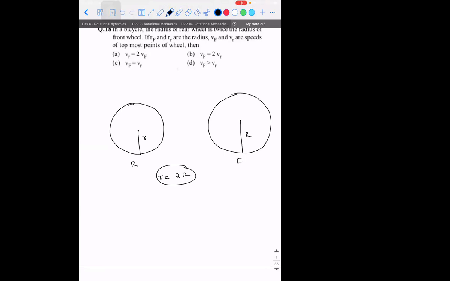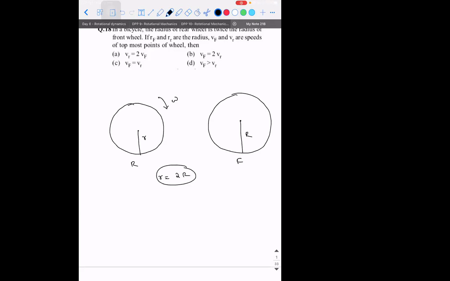See, actually, I understand where you're coming from. In rotation mechanics, the angular velocity of a particular wheel will be constant. The angular velocity of both the wheels need not be constant because they are going to have the same linear velocity, right? You're able to understand?